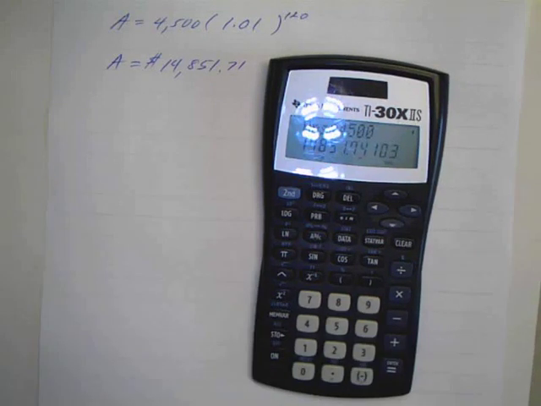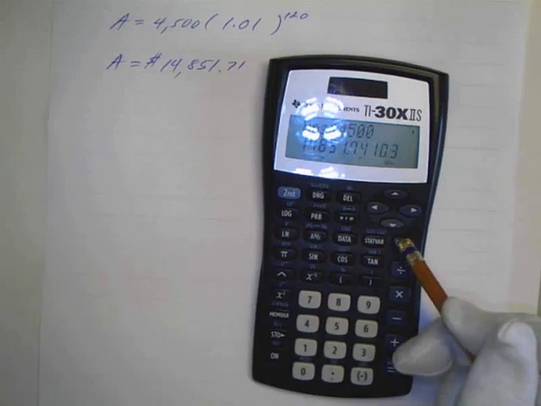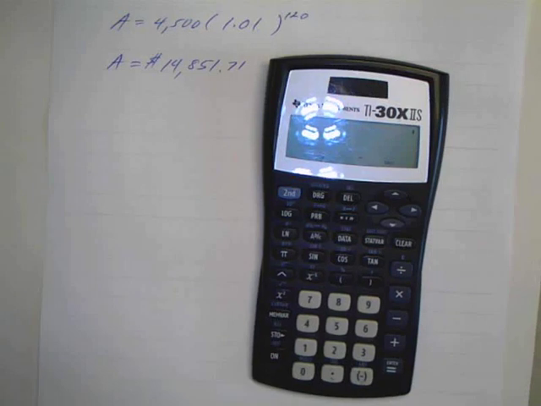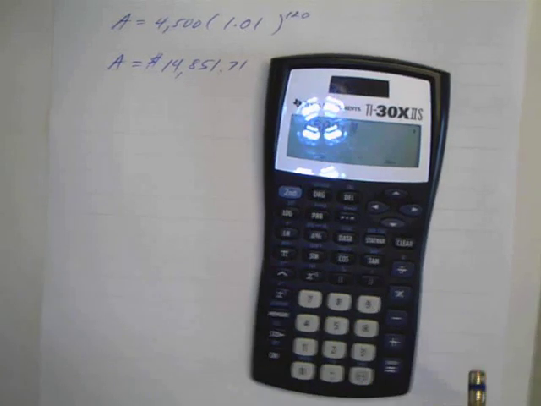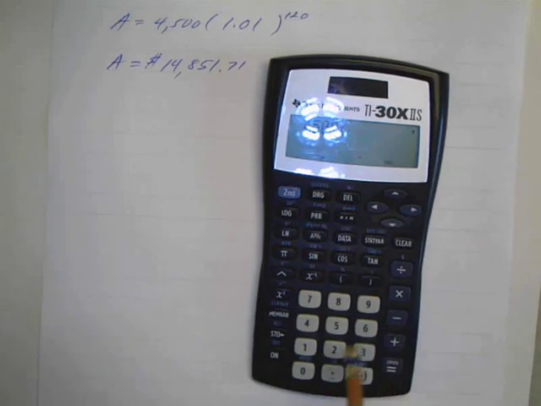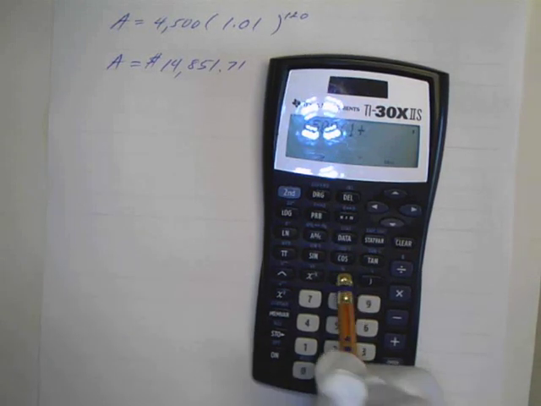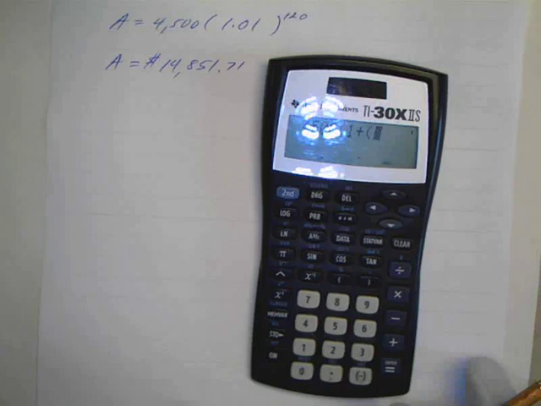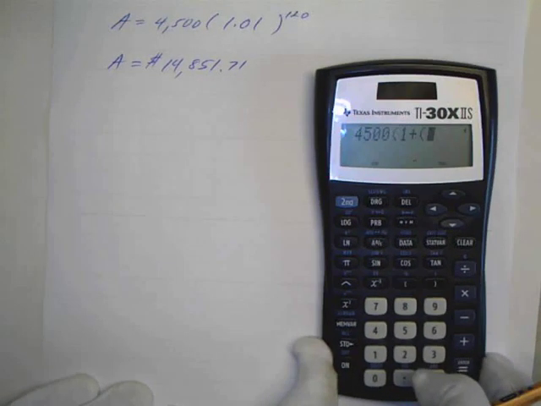You just have to be careful when you're doing so many terms, but I'll show you how to do this a little bit differently. Just putting it all in one fell swoop, I could say 4,500, and then parentheses, and then I've got 1 plus, and I'm going to put another parentheses because I'm going to take 0.12. Hope you can see that there. There's a little glare there.